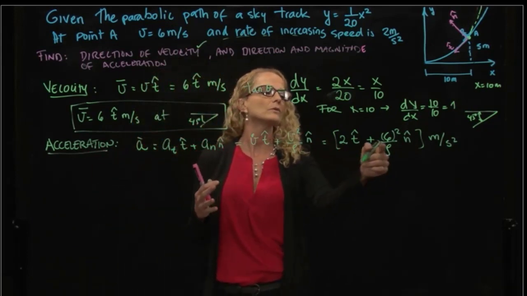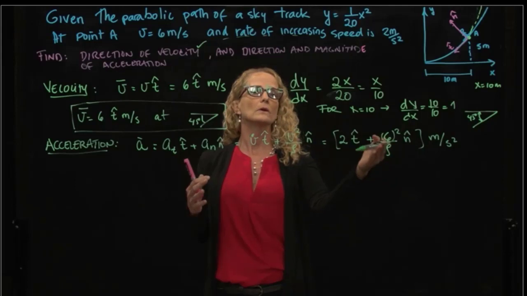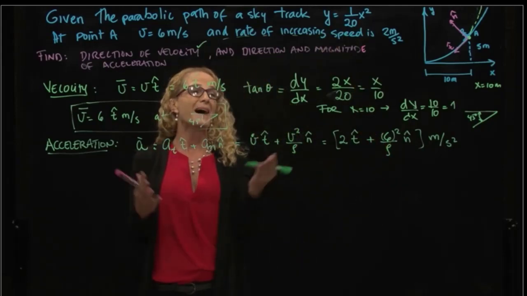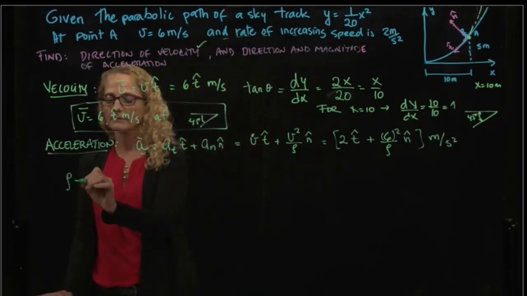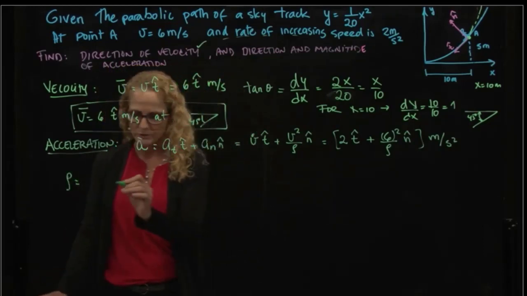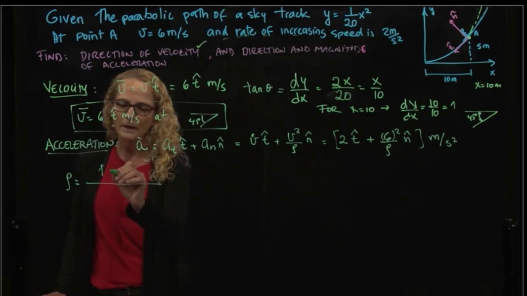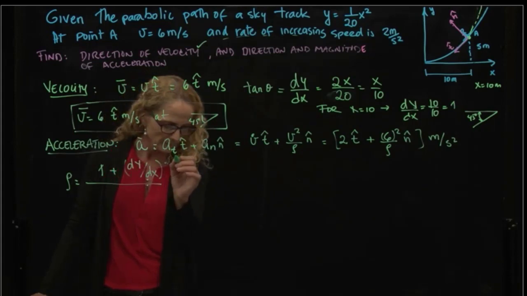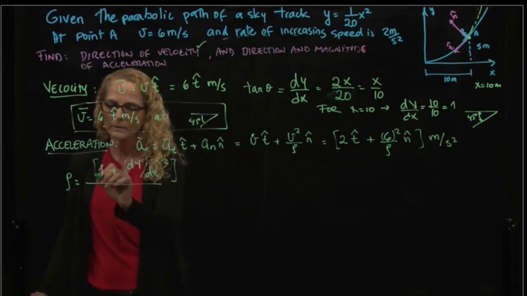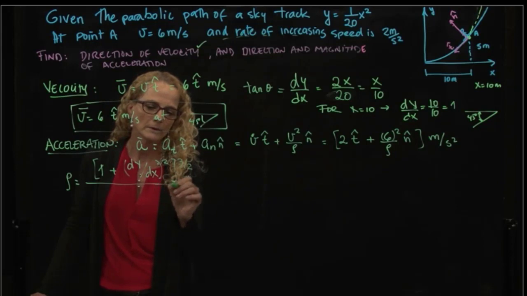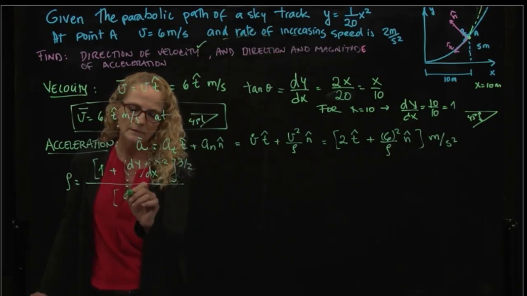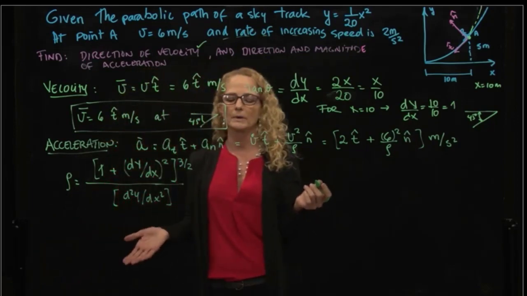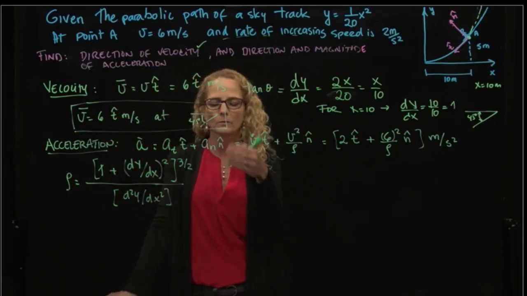So that's the point of this example, to illustrate how to calculate the radius of curvature when we are given the equation of our path. The radius of curvature is given by the expression 1 plus the first derivative squared, to the 3/2, over the second derivative of y with respect to x. I don't expect you to learn this expression by heart, or you will have a formula sheet.